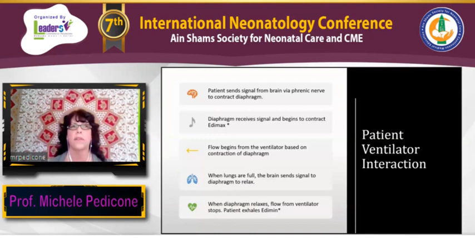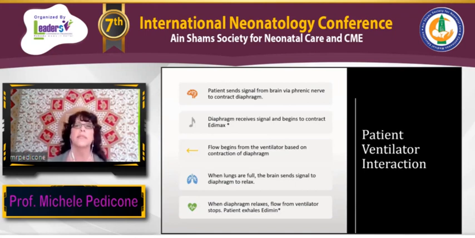And this is just another way of looking at it. Again, the patient will send the signal from the brain via the phrenic nerve to contract the diaphragm. The diaphragm receives the signal and begins to contract, and we call that the EDI max or the EDI peak. EDI just stands for the electrical activity of the diaphragm. Then the flow will begin from the ventilator based on the contraction of the diaphragm.